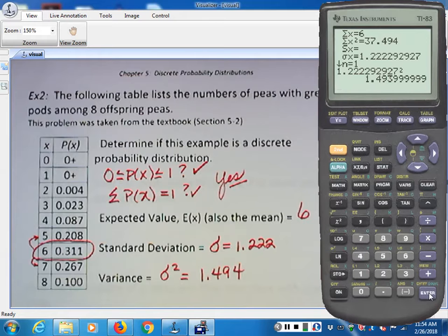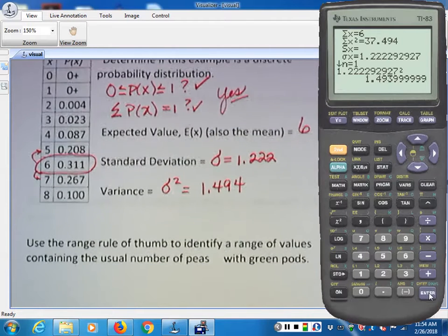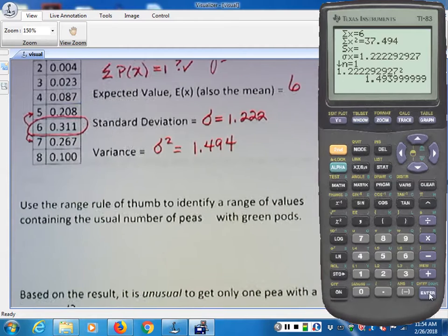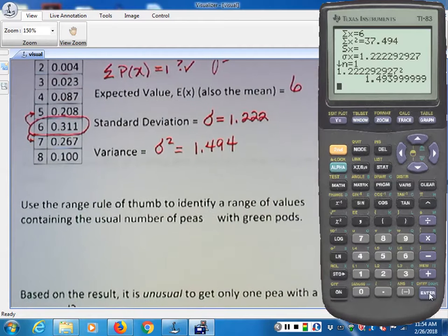The question below that says, use the range rule of thumb to identify a range of values containing the usual number of peas with green pods.